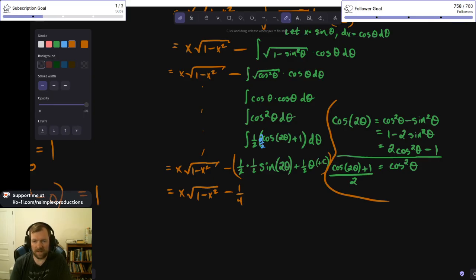Which is going to be 2 sine theta cosine theta. So this is times 2. Sine theta is just x. Cosine theta is the square root of 1 minus x squared.